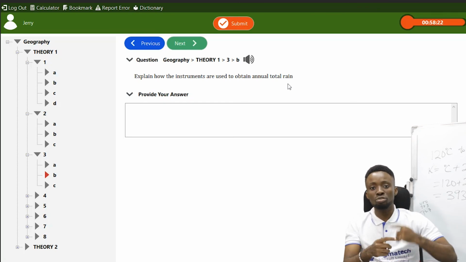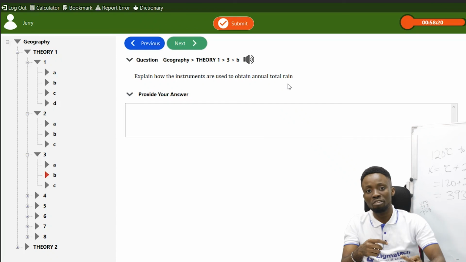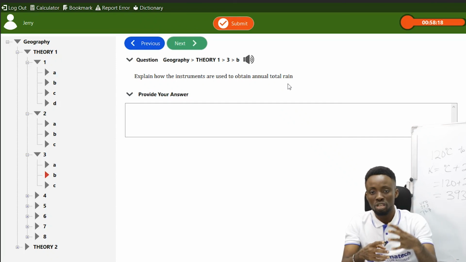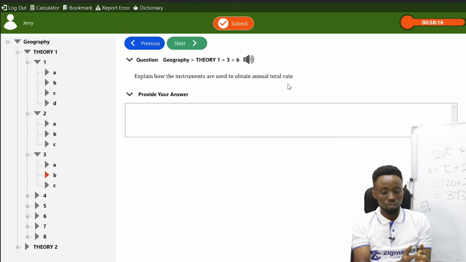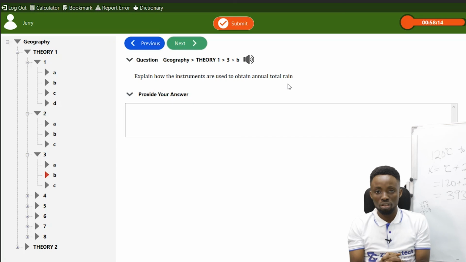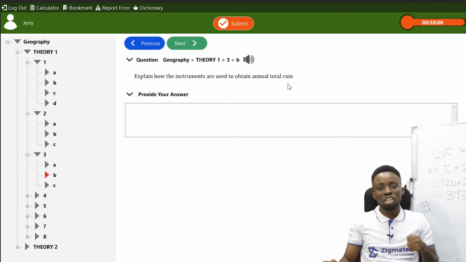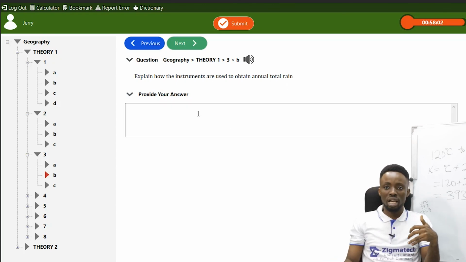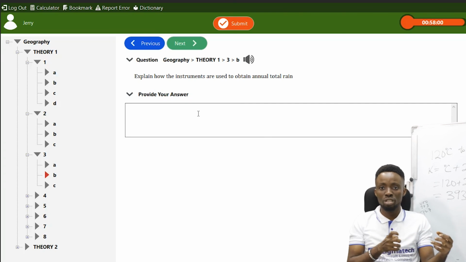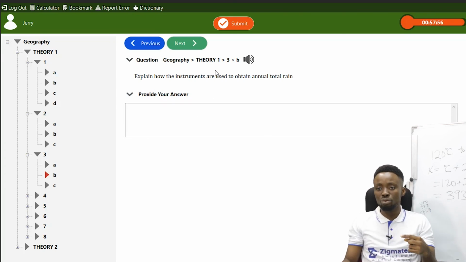Then you do that continuously for the remaining 12 months. Now, the monthly rainfall for January plus the monthly rainfall for February, March, April, down to December. When you add them together, it will give you the annual total rainfall. So that is how you can use that instrument to get the annual rainfall for any given year.